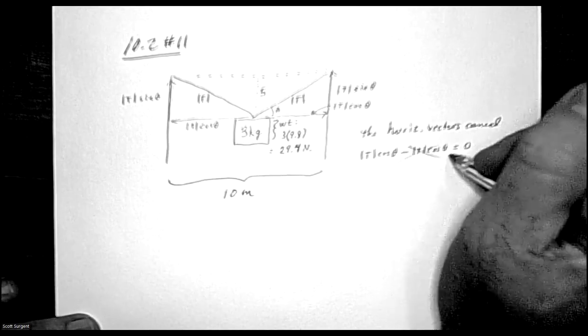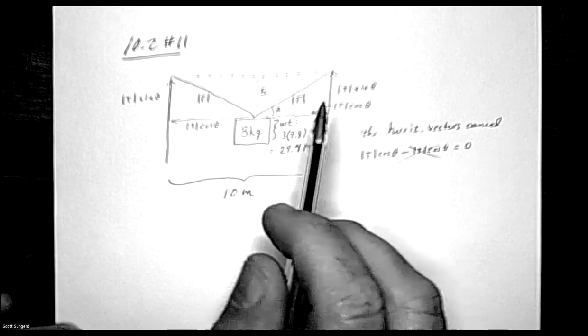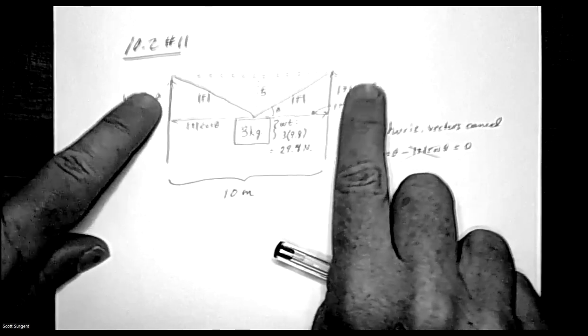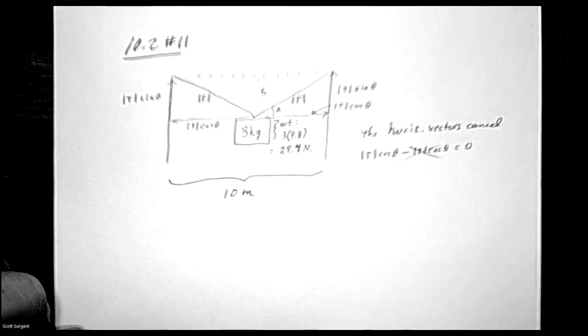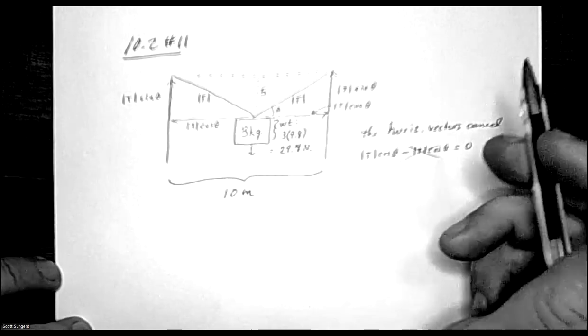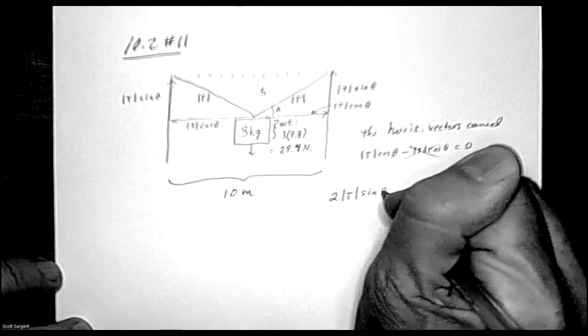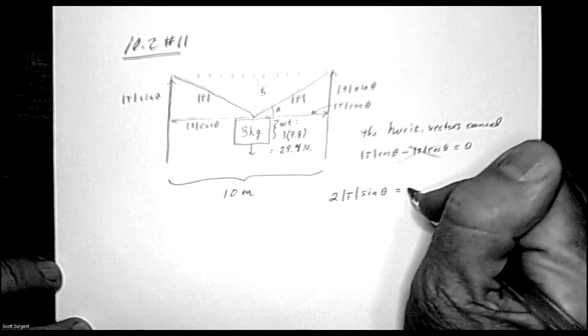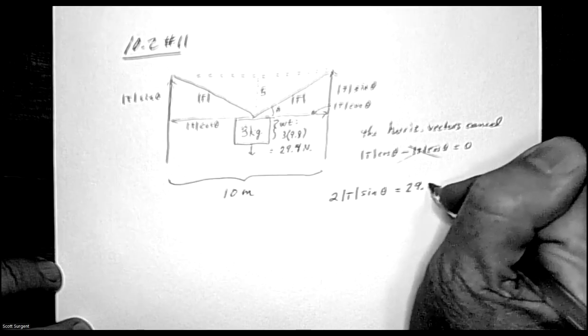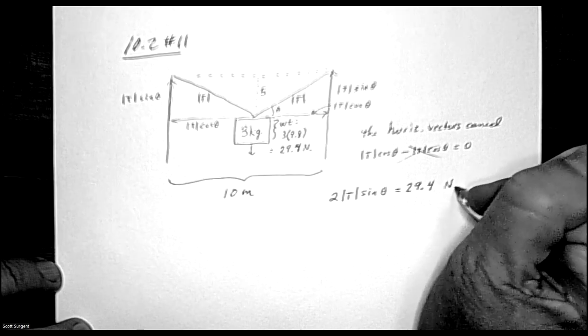So they're gone. We don't really need to worry about them. The two up vectors here have to counteract the downward force here. So I have 2 mag t sine theta equals 29.4, and that's in newtons.